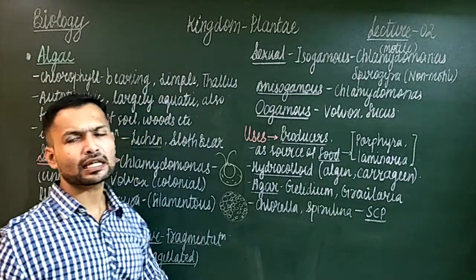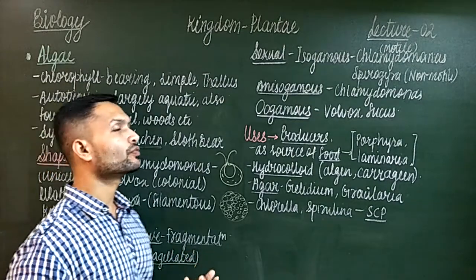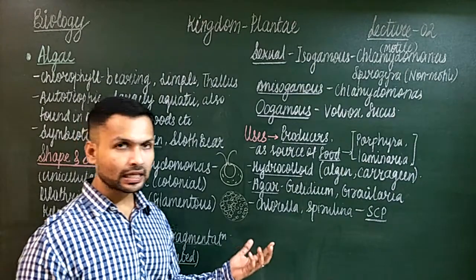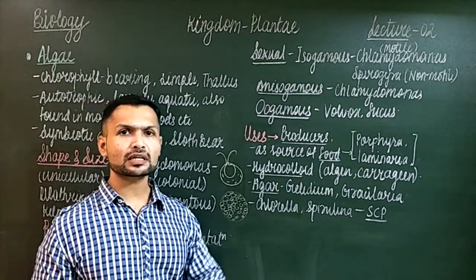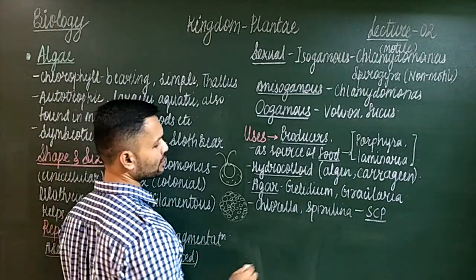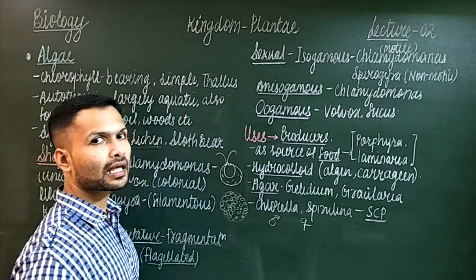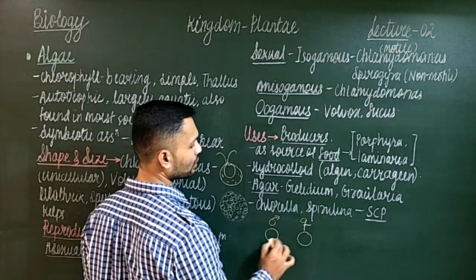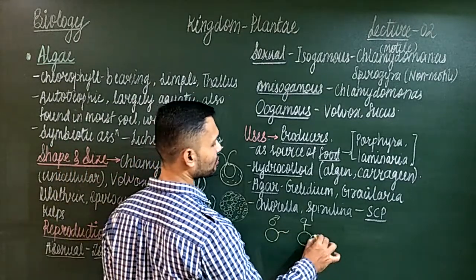Sexual reproduction, obviously, means production of gametes. The fusion of two gametes leads to formation of the zygote, and the zygote will later form the new alga. In this there are three conditions, and these same conditions we have already studied in kingdom Fungi. Similarly here we will find isogamous, where the male and female gametes are absolutely the same: both gametes have the same size, and if one is motile, the other is also motile.